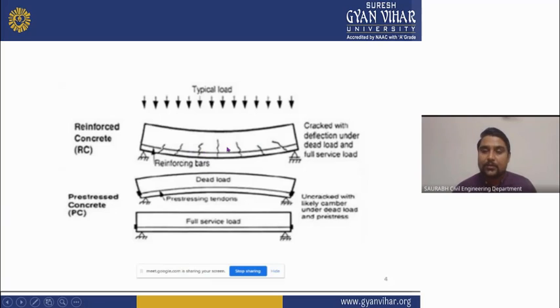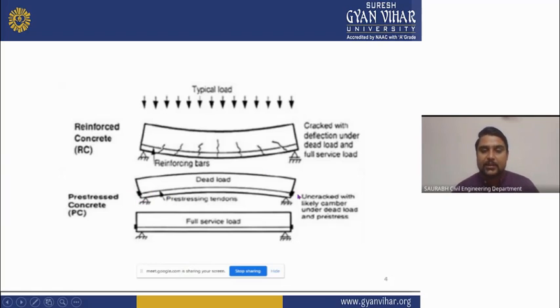That is why cracks will develop due to the extra load and dead load, and they may also develop during the service period of this member. And now, if you can see, there is a prestressed concrete beam, and before applying this load, there is also a prestressing tendon, which will react like a hogging.